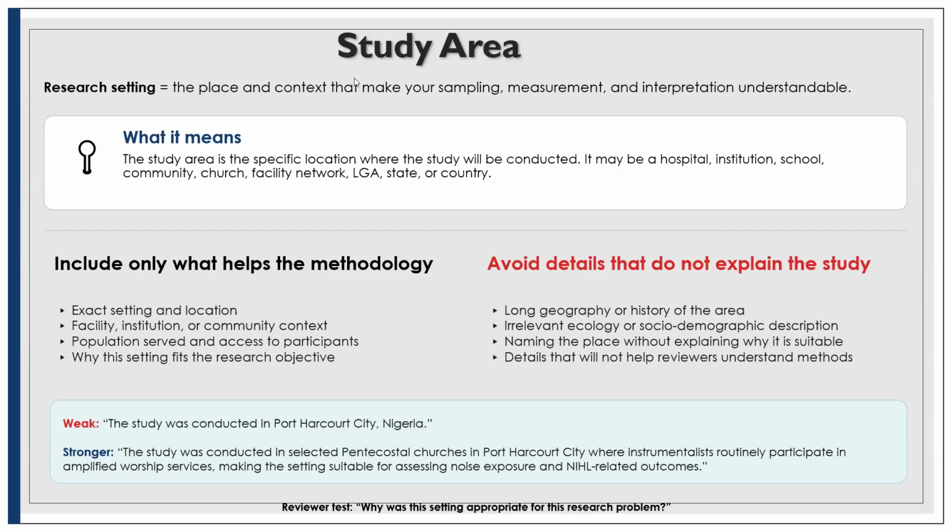They spend so much text talking about history, about that geographical location, the latitude, the longitude. All those things are very important, but they should not be more than a paragraph. Don't use your entire study area text focusing on geography and history of the area, or irrelevant ecological or sociodemographic description.